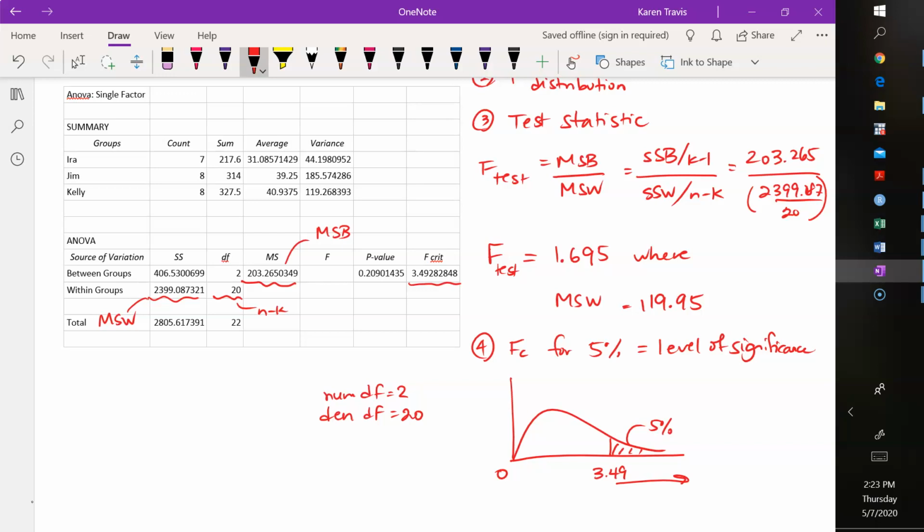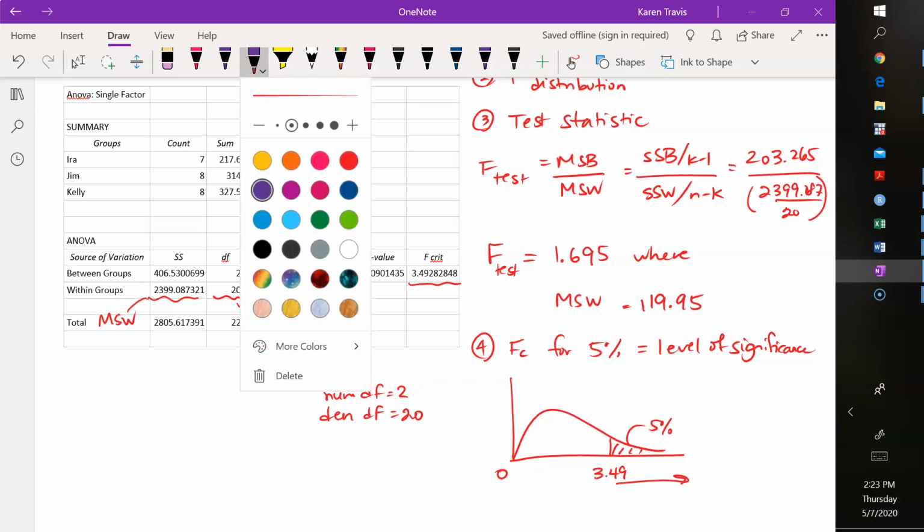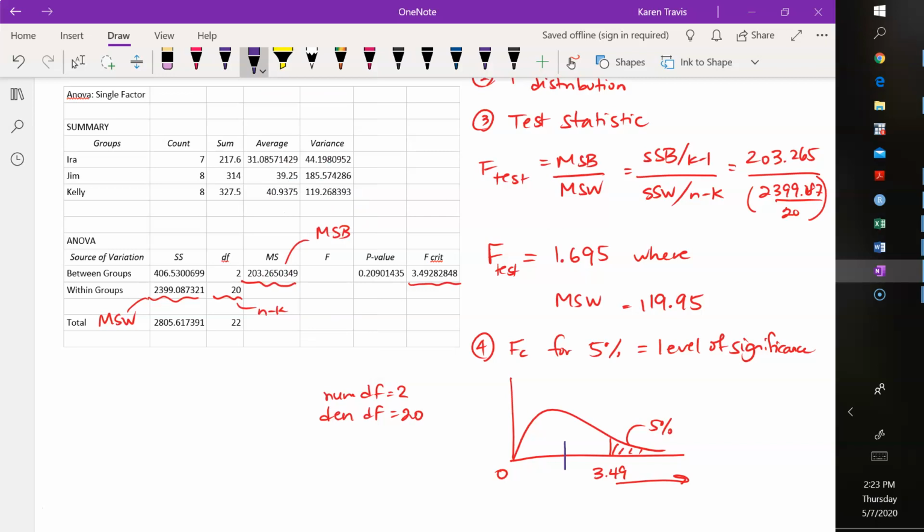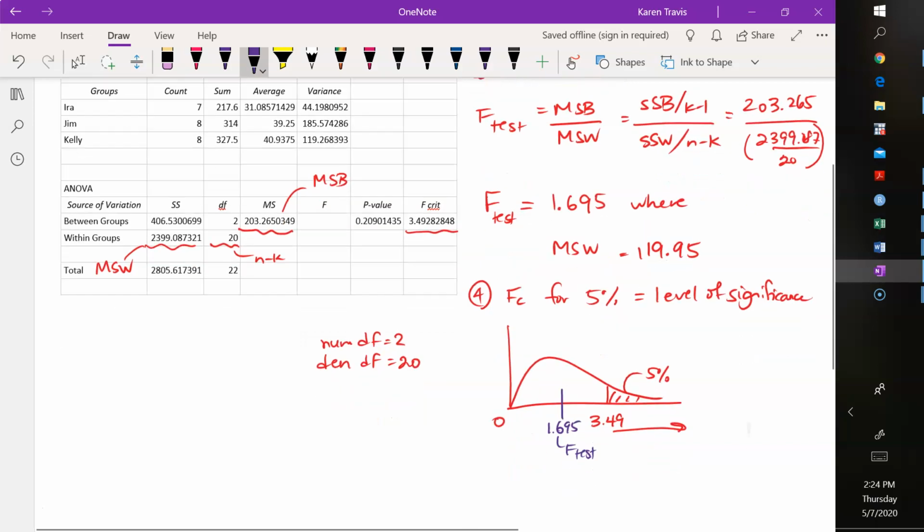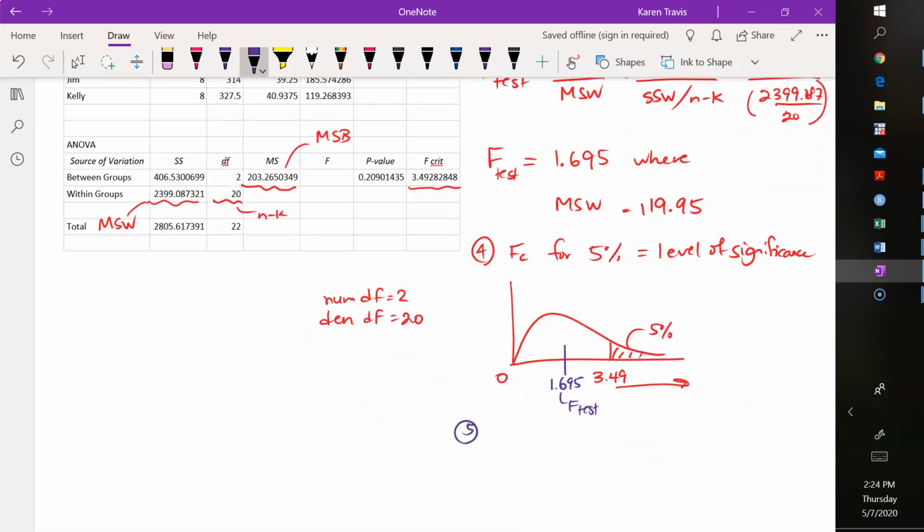And since we have an F statistic for our test statistic of 1.695, what we have for a conclusion is do not reject the null at 5% level of significance.